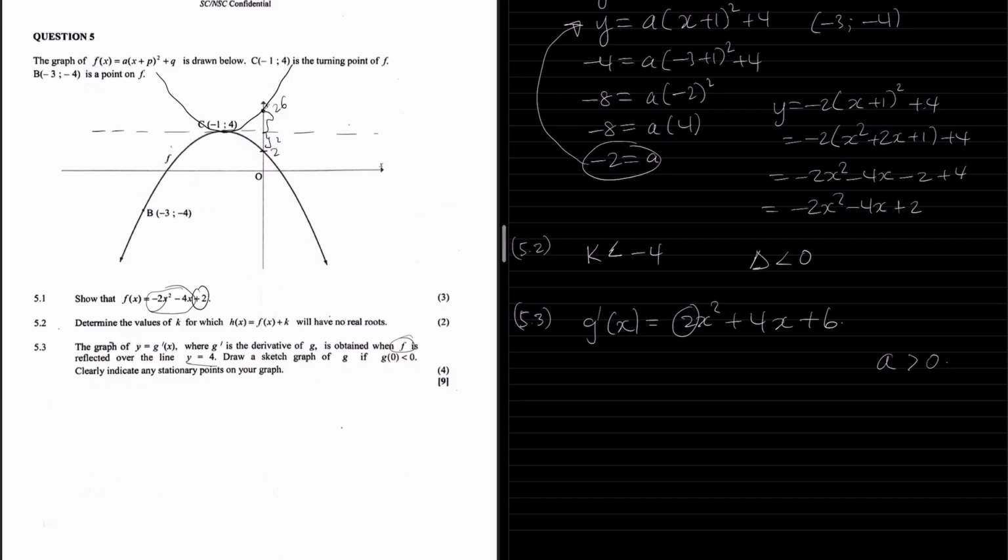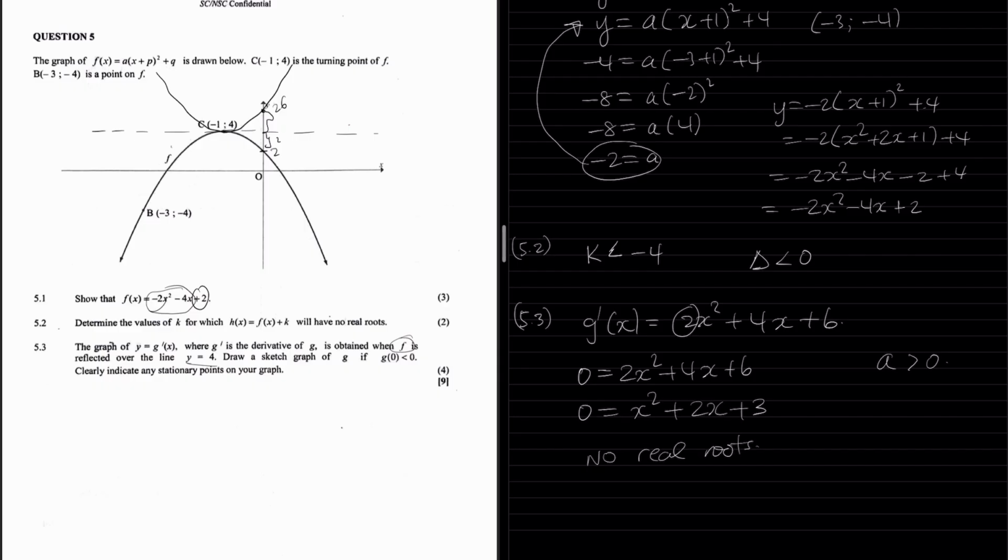And so if we try and figure this out, we're going to have 0 is equal to 2x squared plus 4x plus 6. We can then simplify: 0 is equal to x squared plus 2x plus 3. Now there's no way that we can factorize this without the quadratic formula. There's no values that you can choose. So there's going to be no real roots, right?